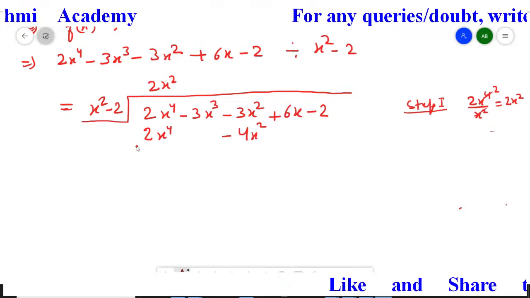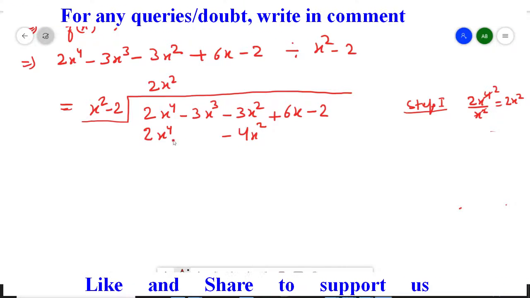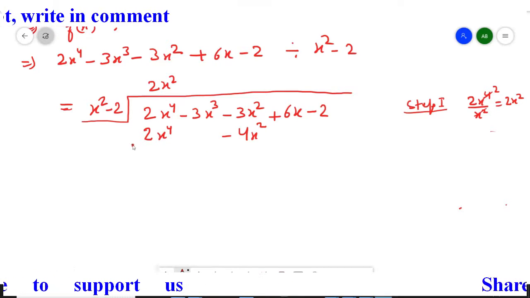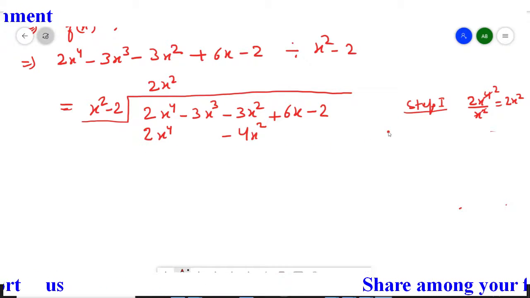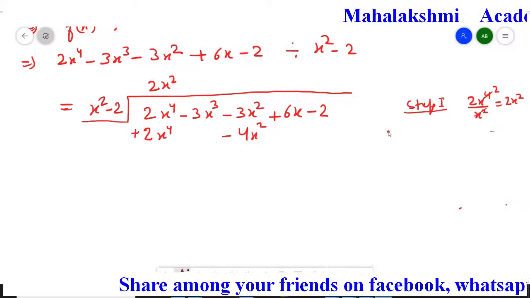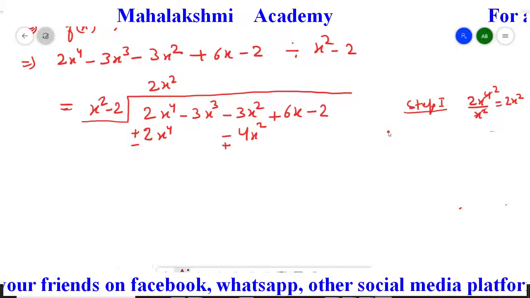Now after writing the multiplication products here, change the sign of the products. These two are the products, so just change their sign, whatever sign they have, reverse the sign. It's positive, so after sign change it's going to be negative, and it's negative, so its sign is going to be positive.